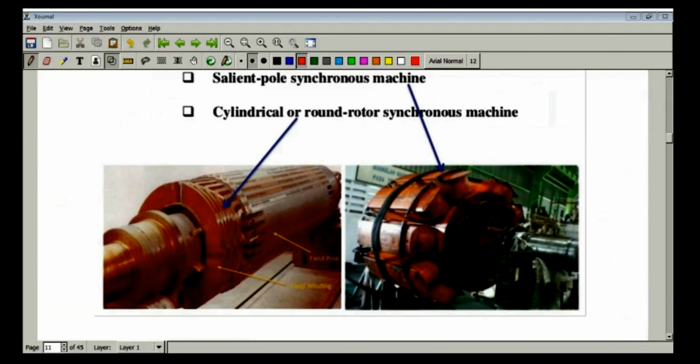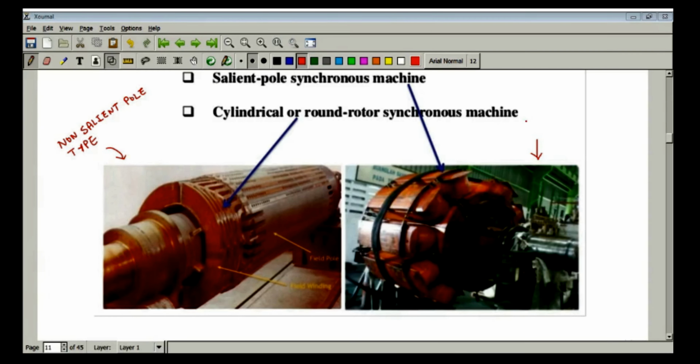So this is your cylindrical rotor or non-salient pole type rotor, non-salient pole type synchronous machine, and this thing is your salient pole type.